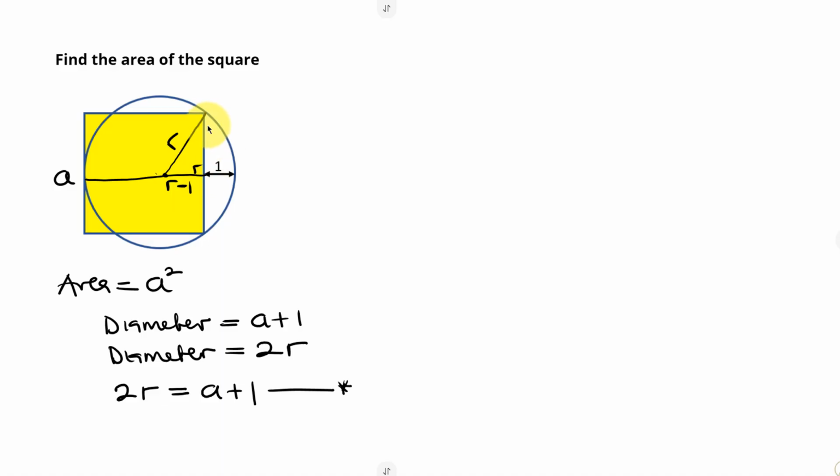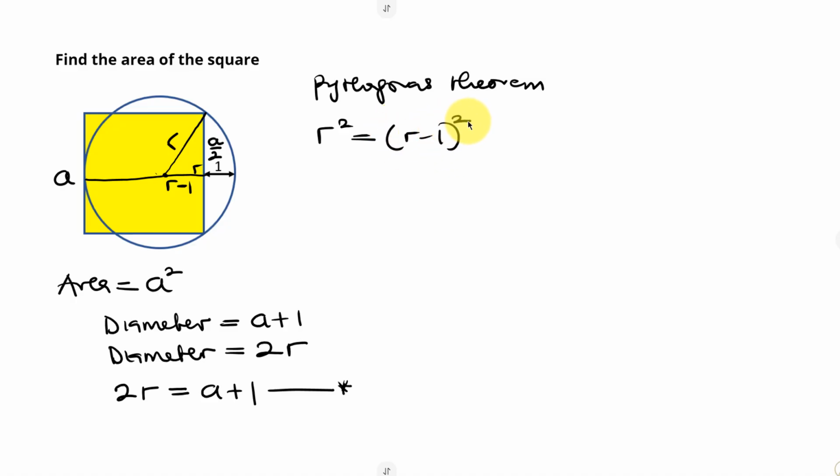Well, to get the height, I know that this is half of the side of the square. So the side of the square is A, so its half is just A over 2. Good. We're going to be using the Pythagoras theorem. So Pythagoras theorem, which is r squared equal to (r minus 1) squared plus (A over 2) all squared. Very good.